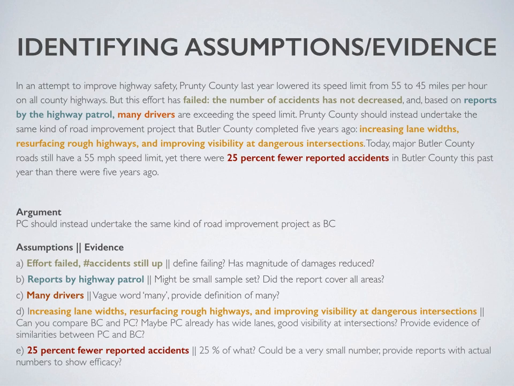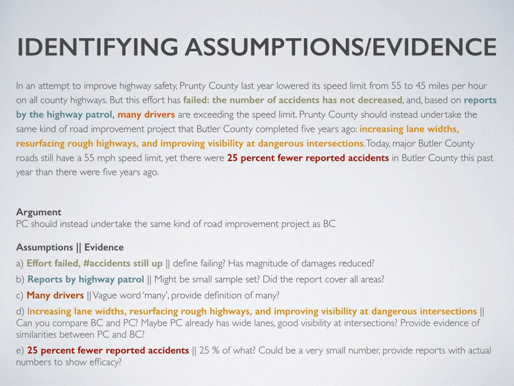This might be an incorrect comparison between Butler and Prunty County because, for all you know, Prunty County might not need such road improvement projects, in the sense that Prunty County might already have bigger lanes, might already have good visibility at intersections, might have already implemented all of this. So you're making comparisons without providing evidence that the two are comparable. So you have to ask the author for evidence regarding the parameters of this comparison.